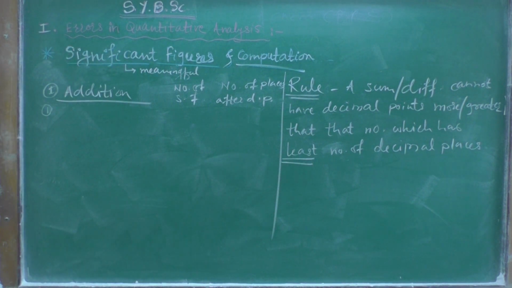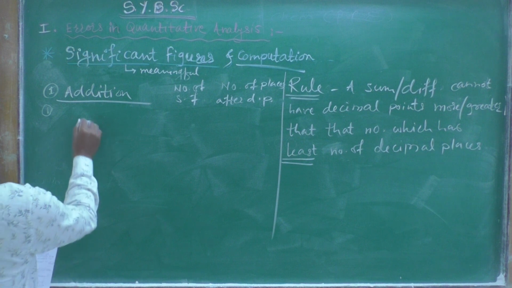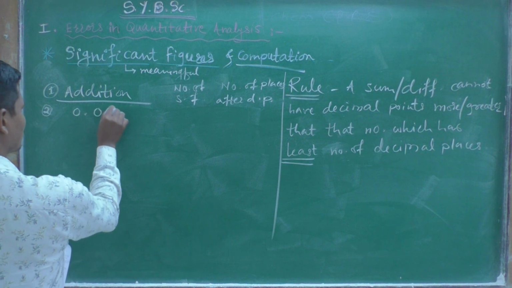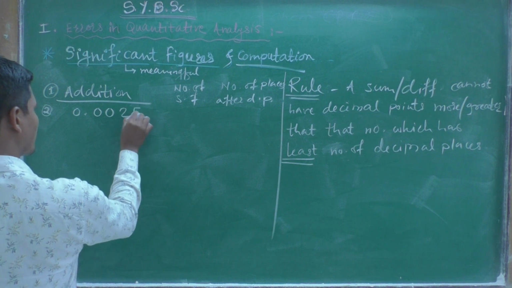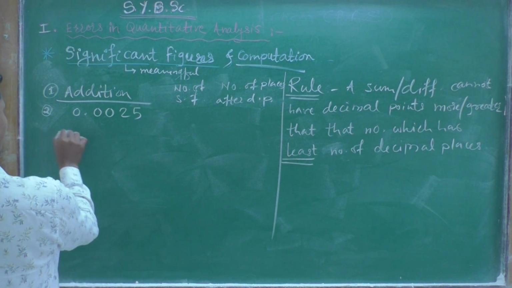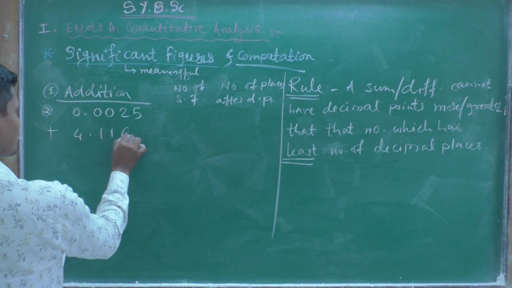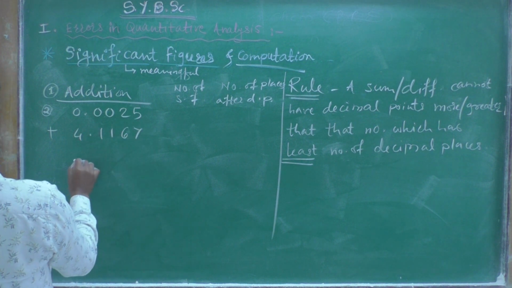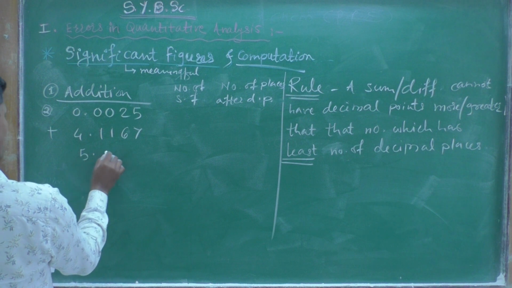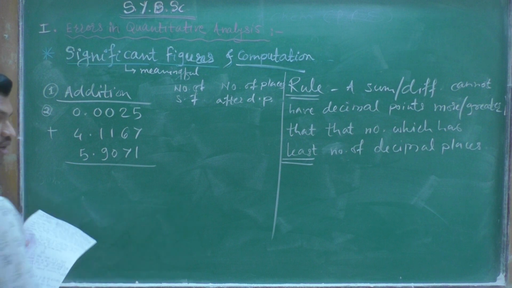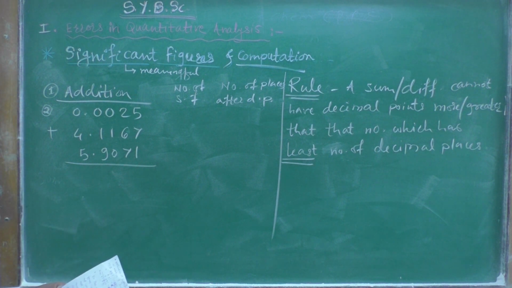The rule will be the same. The second example is 0.0025, then plus 4.1167, plus 5.9071.